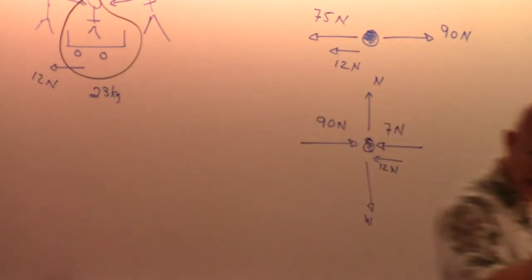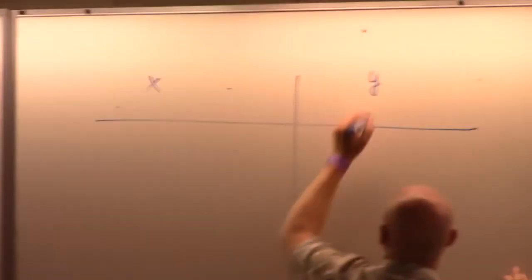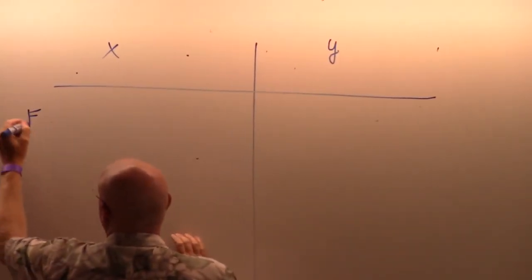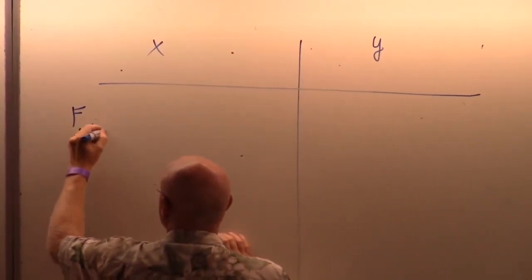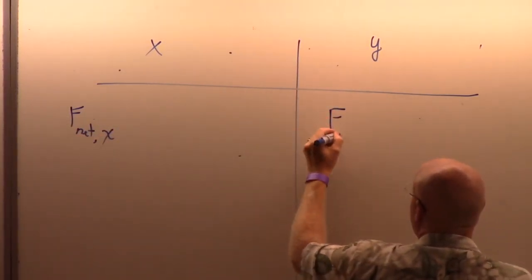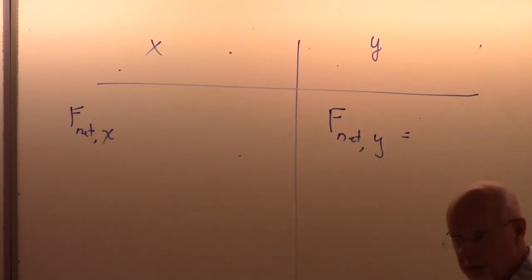So when I go to step 3, x and y, I need to figure out what is the net force in the x direction, as well as what is the net force in the y direction.